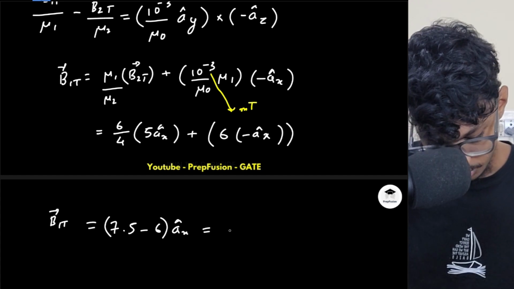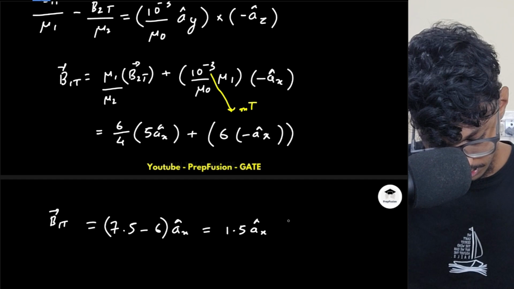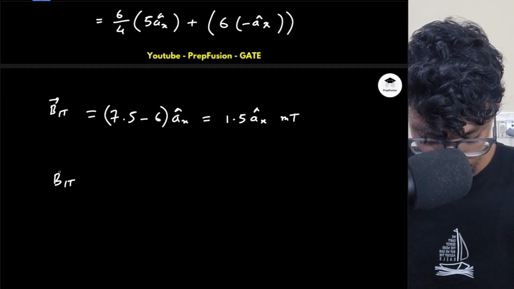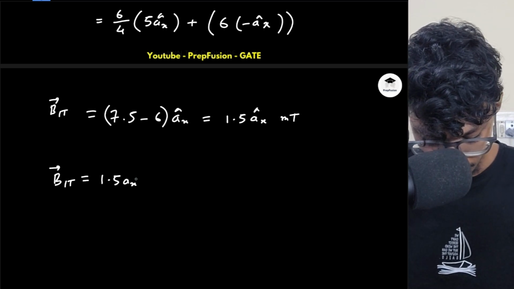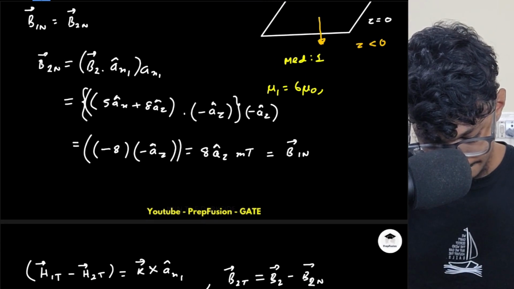B1t will become 1.5 ax millitesla. So overall, what does my magnetic flux density become? It becomes 1.5 ax, and obviously the normal component will be the same, that is plus 8 az in millitesla.